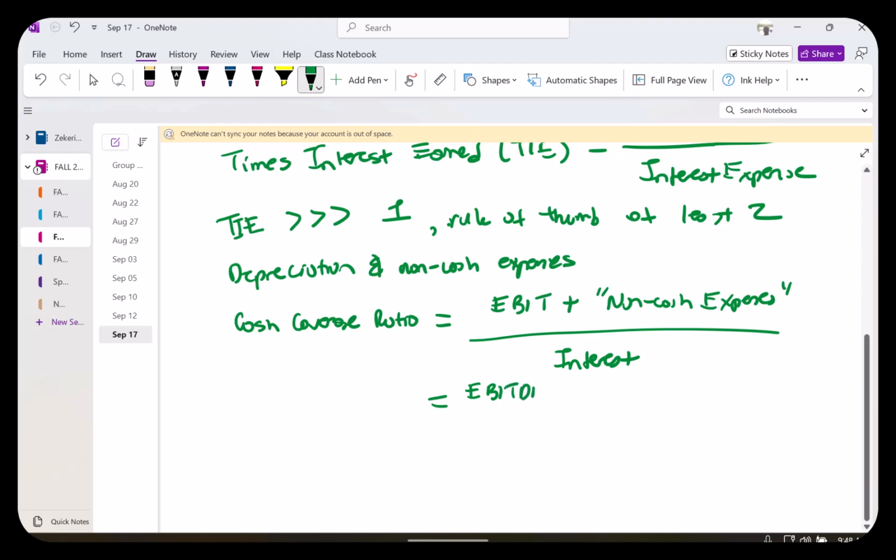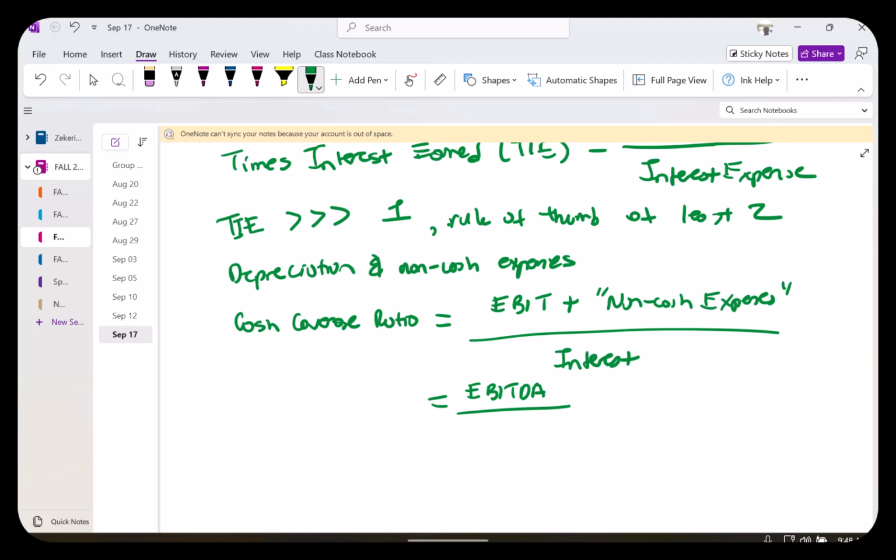The general name we give EBIT plus non-cash expenses is EBITDA, which is short for earnings before interest, taxes, depreciation, and amortization. But you can think of that as generally non-cash expenses.